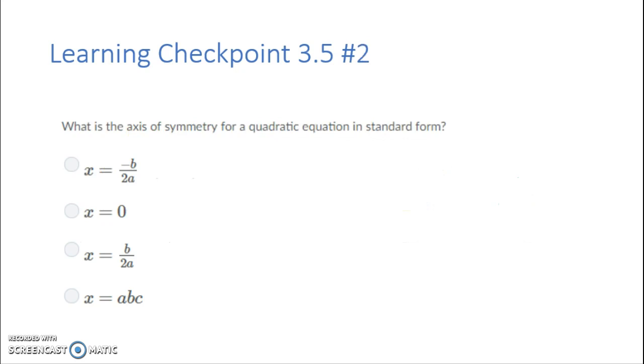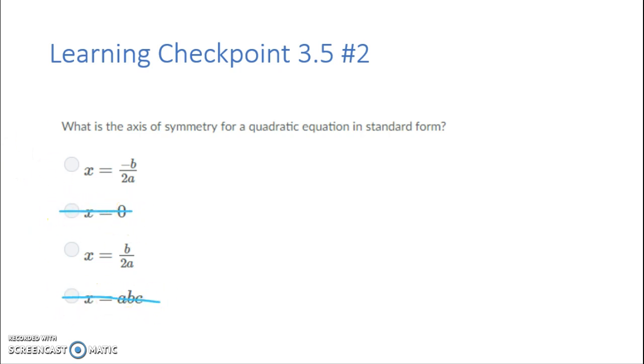Number 2 says, in order to find the axis of symmetry for a quadratic equation in standard form, what do we need to do? This problem, guys, is straight up memorization from class. The axis of symmetry is going to be a very special little piece of your quadratic formula, and here, I'll narrow it down for you. You're going to have to see if you remember.